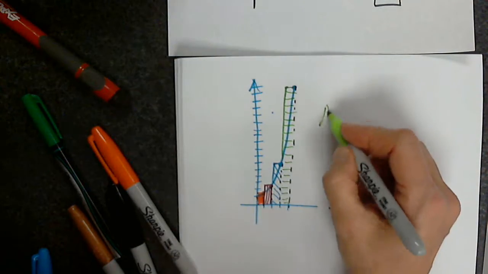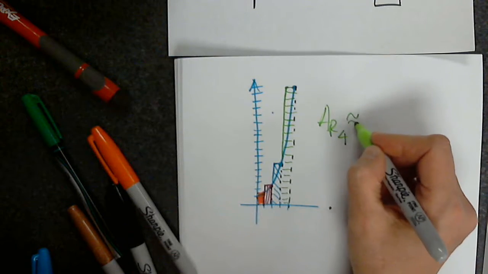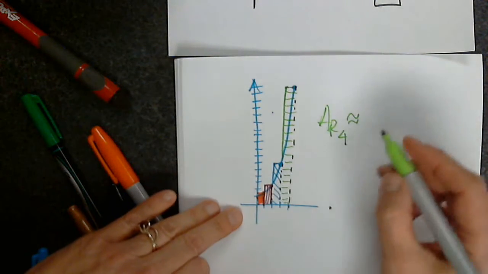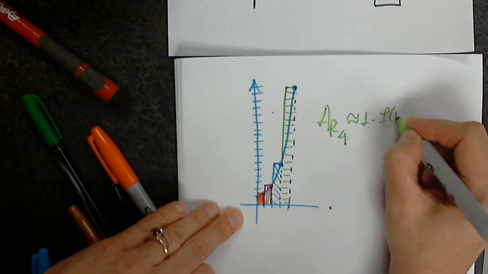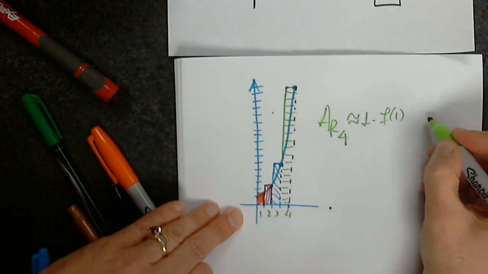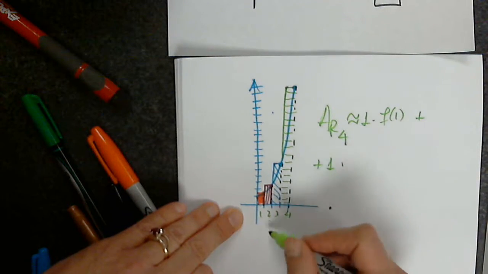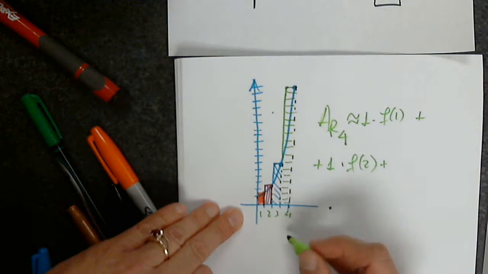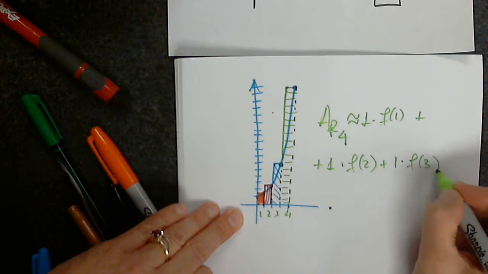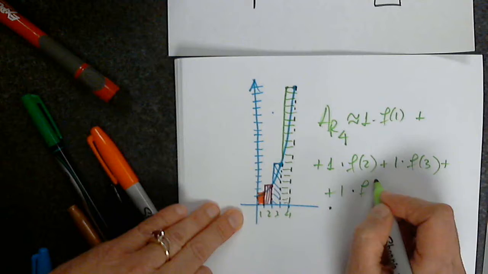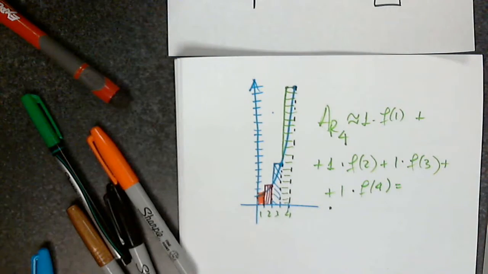So the area with the right endpoints will be approximately base times height, 1 times f of 1, plus base times height times f of 2, plus 1 times f of 3, and plus 1 times f of 4. Because now I'm using the rightmost point.